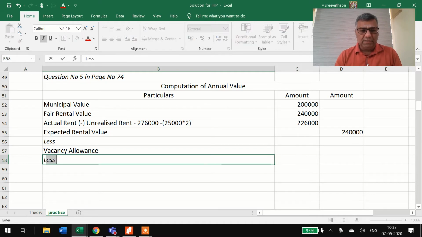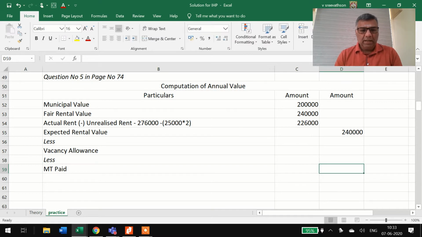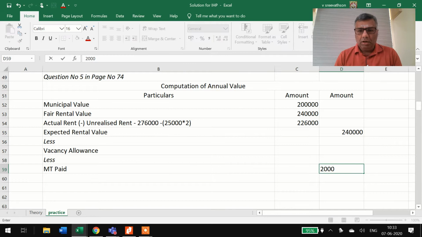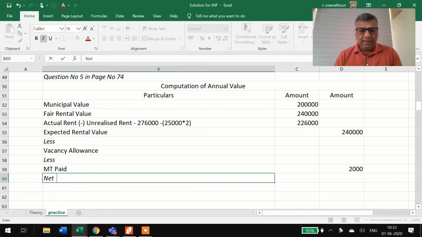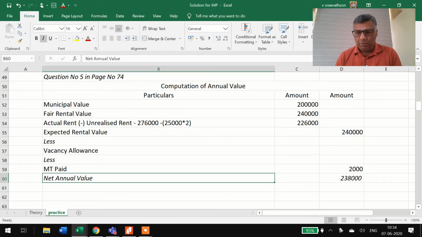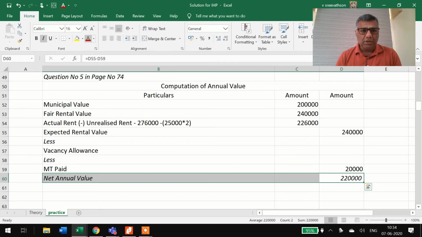Less municipal taxes paid, which is 20,000. So I get a net annual value of 2,20,000.